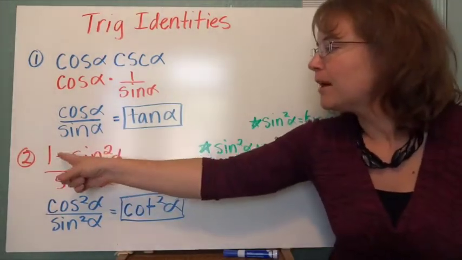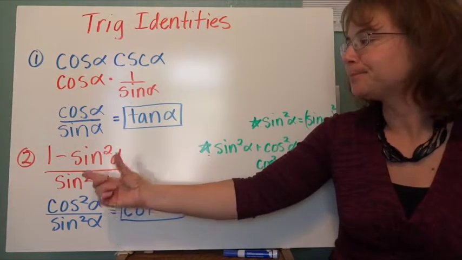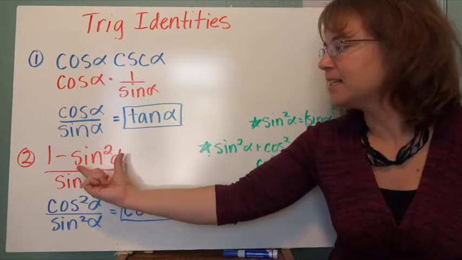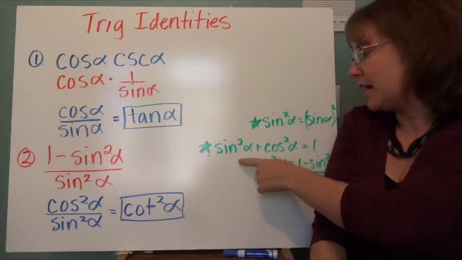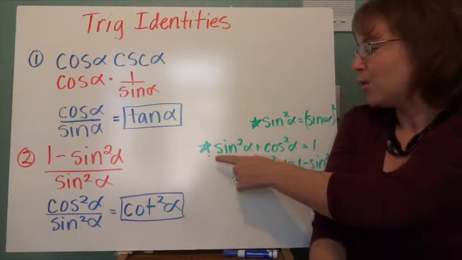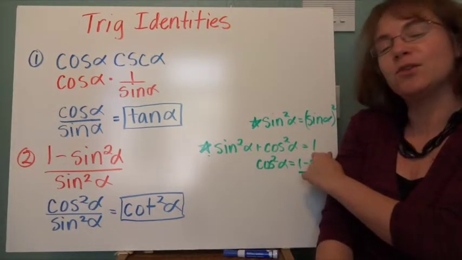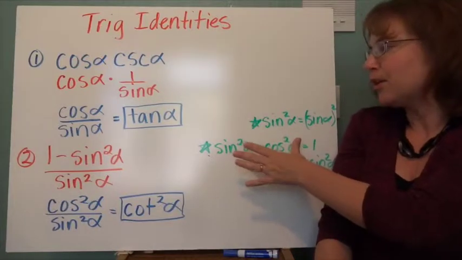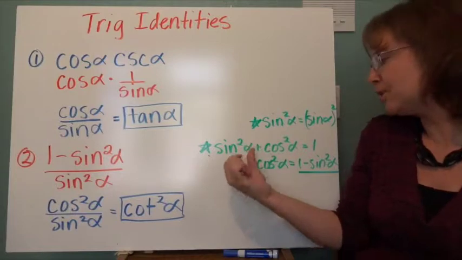This one, we have 1 minus sine squared of alpha over sine squared of alpha. Well, 1 minus sine squared of alpha reminds me of my trigonometric Pythagorean identity, where I have sine squared alpha plus cosine squared alpha is equal to 1. Similar, but I can solve for my cosine squared of alpha.